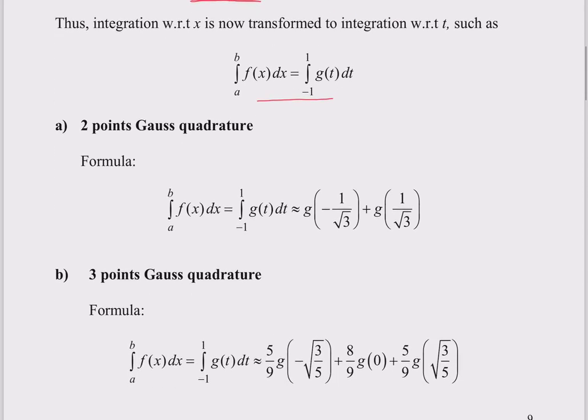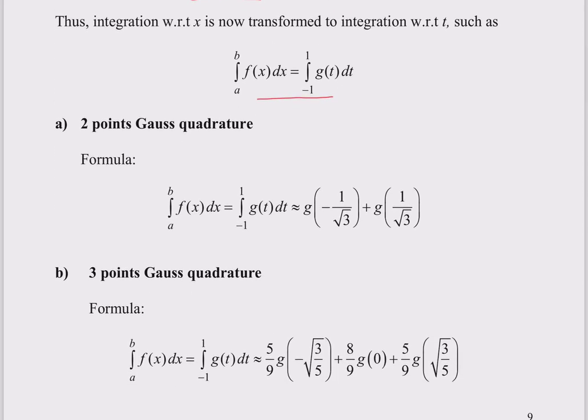we can arrive at two formulas, if we are using 2-point Gauss quadrature and if we use 3-point Gauss quadrature. You can find in any reference book how to derive these formulas.